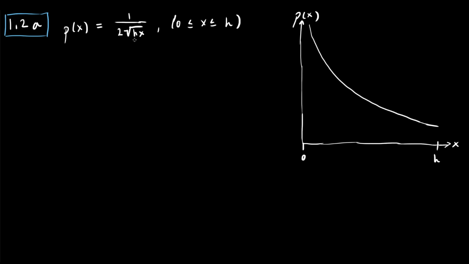And this probability density is shown here in this graph. It is a square root decaying function since the square root is in the denominator. Intuitively, this makes sense because the probability that a photograph will be taken at a distance closer to when it was dropped is higher, because the velocity of that object is less, versus when the distance of the object is very close to h, which means it's very fast.